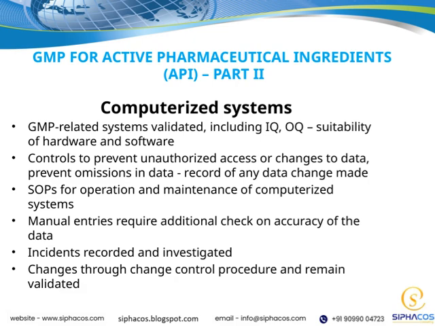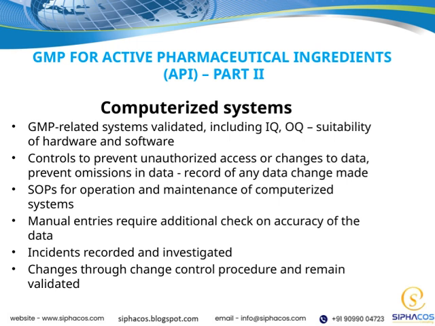This is crucial for maintaining data integrity. Any modifications to data should be properly recorded, with a clear record of what was changed and when. Standard operating procedures, or SOPs, are vital for the operation and maintenance of these computerized systems. They provide a consistent framework to follow and help ensure compliance.